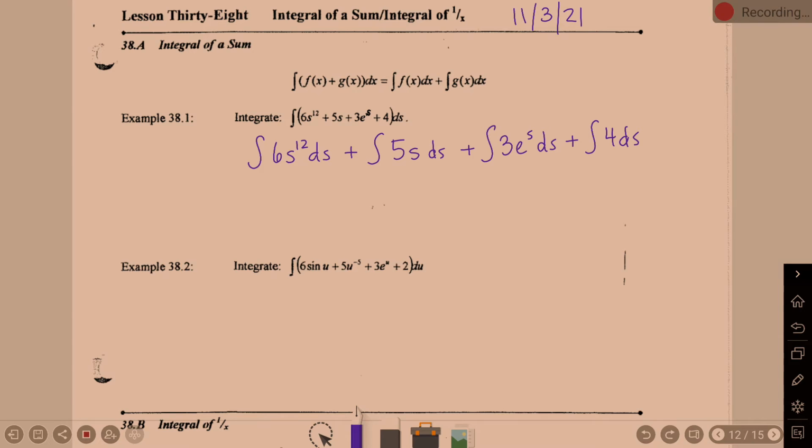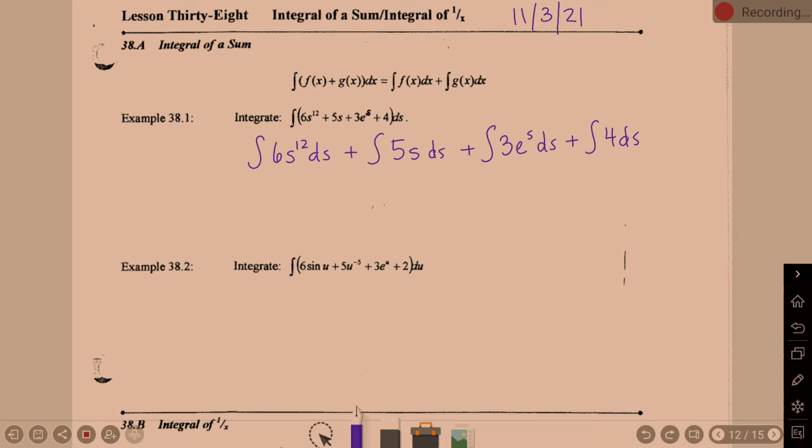Now, the one other integral rule I want to kind of review here is a constant. When you have a constant within an integral, what can we do with that constant officially? So like this 6, it's 6s to the 12th, but that 6 officially can be pulled out front.